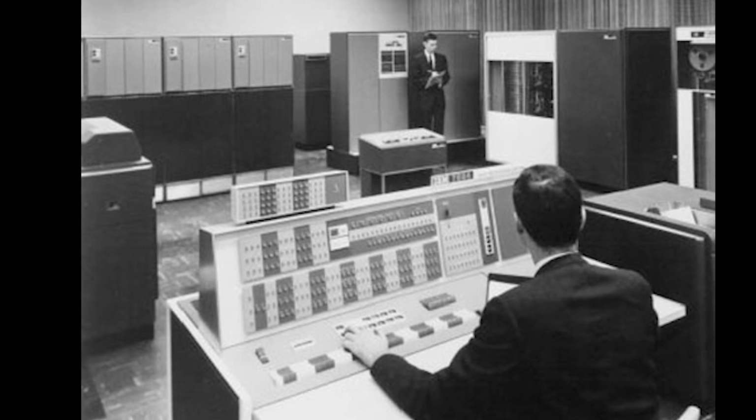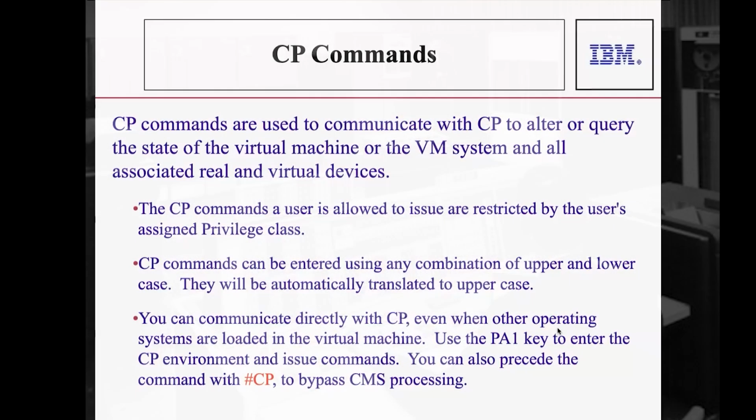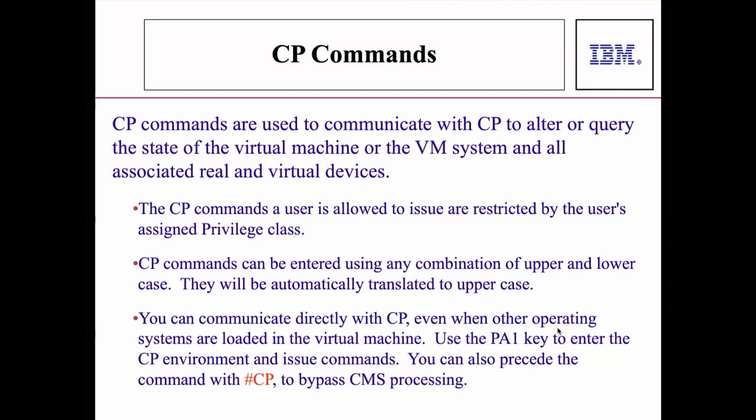So there's a couple of ways to communicate directly with CP, so you can enter a CP command. Maybe you want to stop things running. Maybe you want to see what it's doing. Maybe you're debugging something you want to trace. That's why you need that. One way is you can press the PA1 key. With terminal emulators these days, you don't look at your keyboard and see a PA1 key like you did on an old 3270, but it depends on how that key is defined, or if you bring up a menu of keys, you can press that PA1 key.